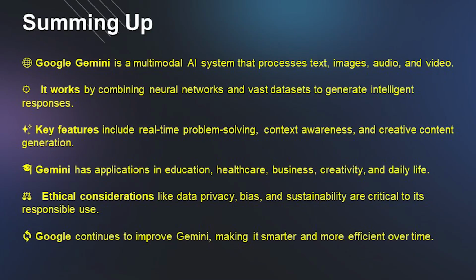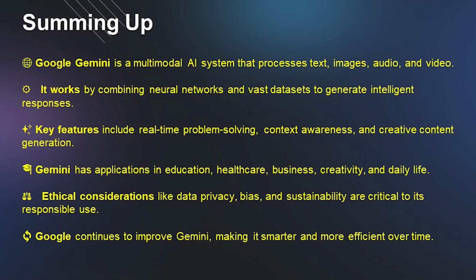Let us summarize what we have covered today. Google Gemini is a multimodal AI system that processes text, images, audio, and video. It works by combining neural networks and vast datasets to generate intelligent responses. Key features include real-time problem solving, context awareness, and creative content generation.